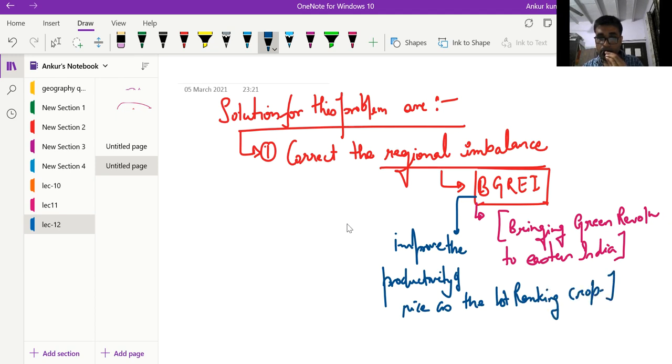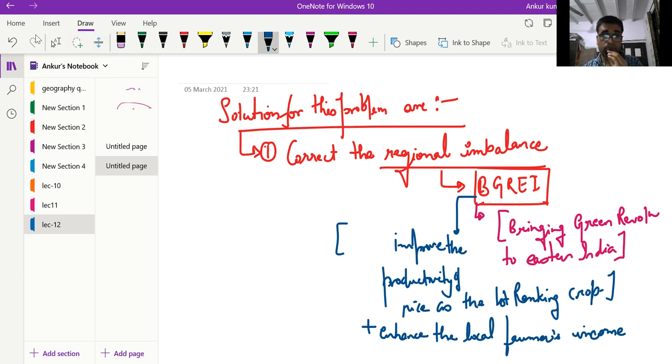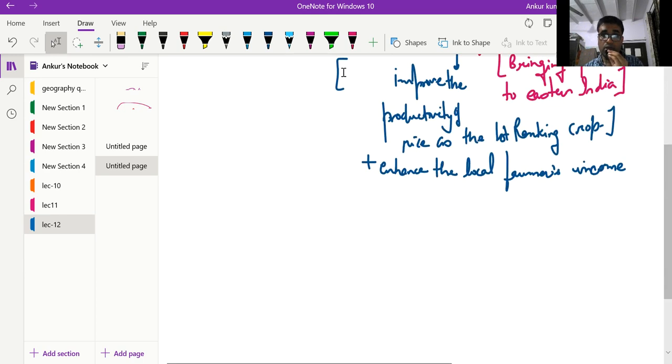plus enhance the income of the local farmers by agriculture diversification.